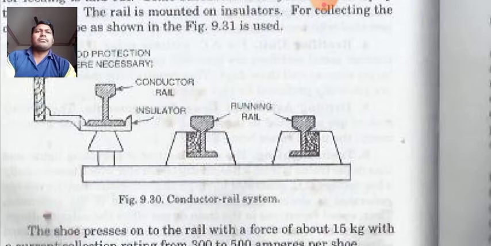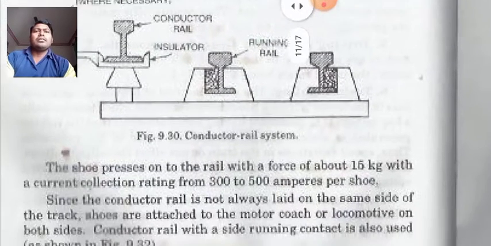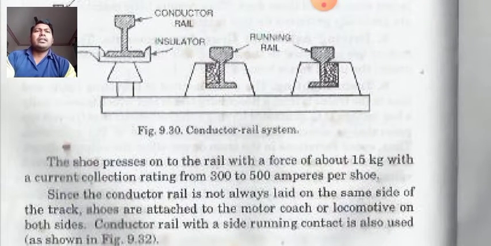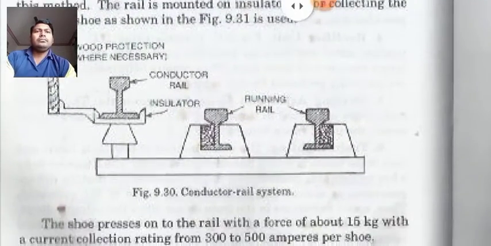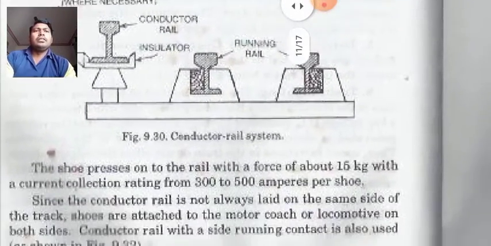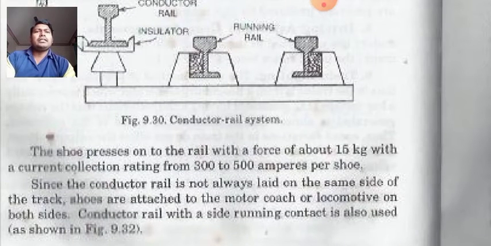Conductor rail system, right? So the shoe presses on the rail with a force of about 15 kg, with a current collection rating from 300 to 500 amperes per shoe. Since the conductor rail is not always laid on the same side of the track, shoes are attached to the motor coach or locomotive on both sides.